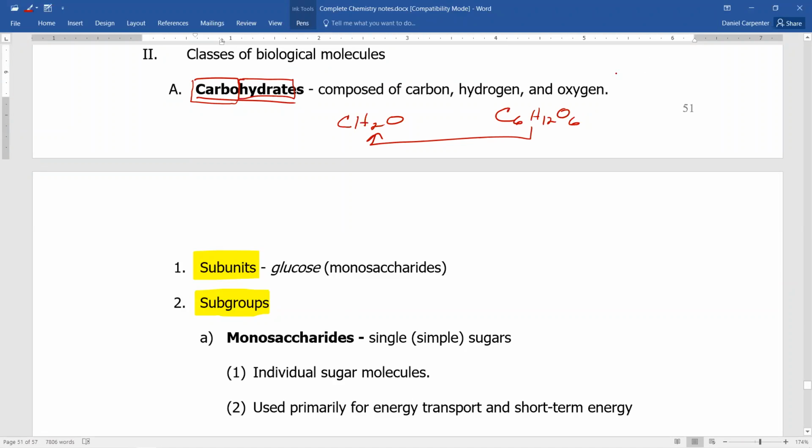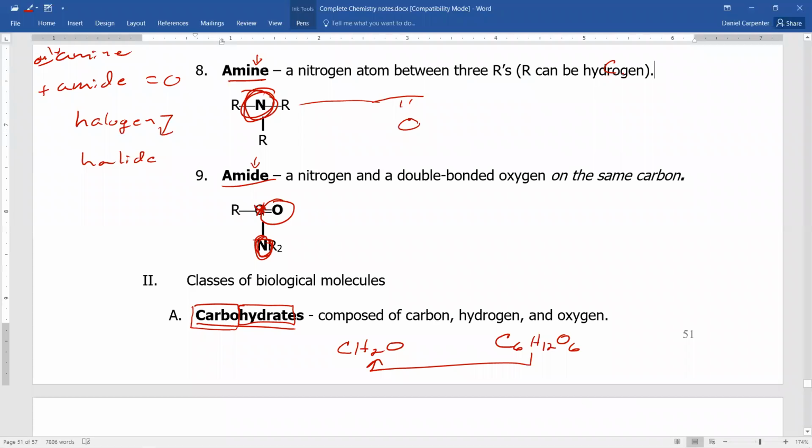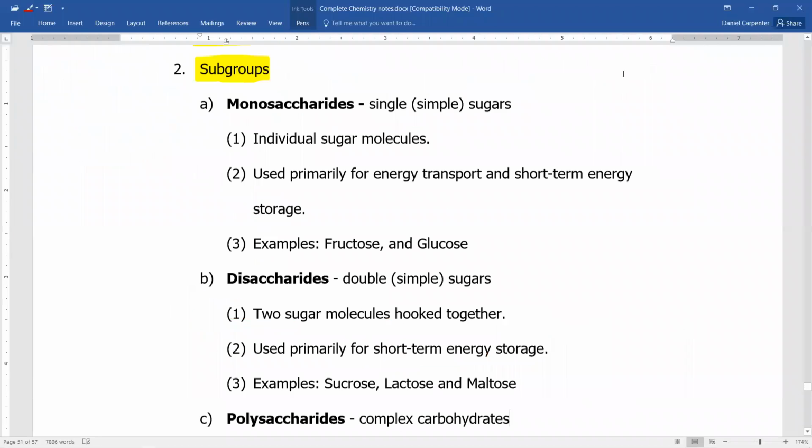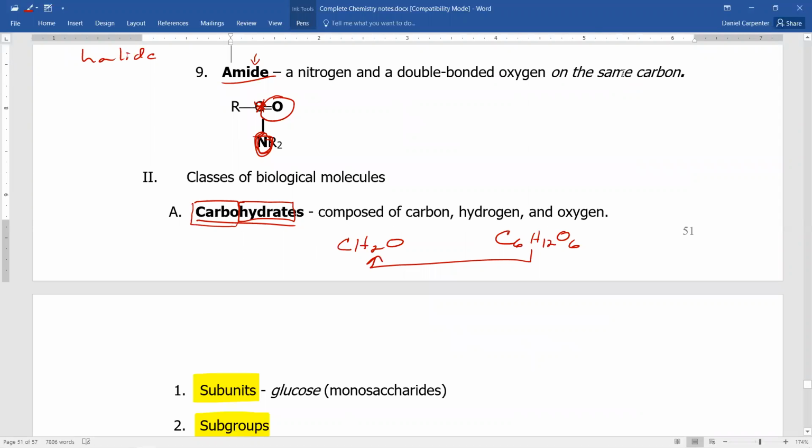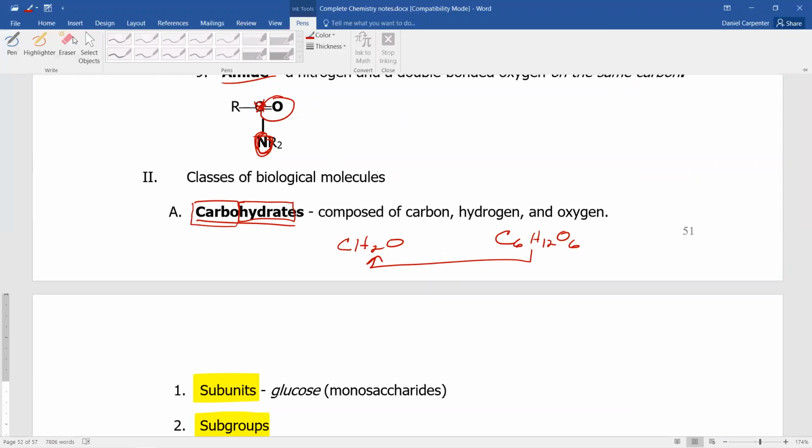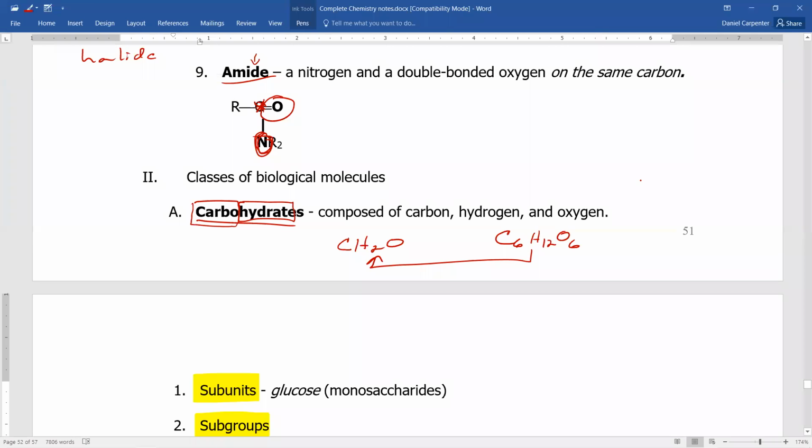If you took starch, starch would be C6H12O6 to about the 200. So that would make it what?